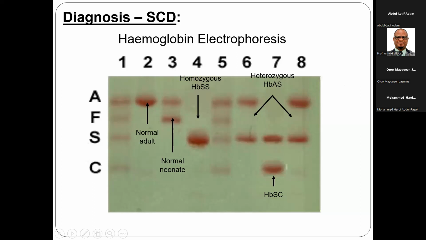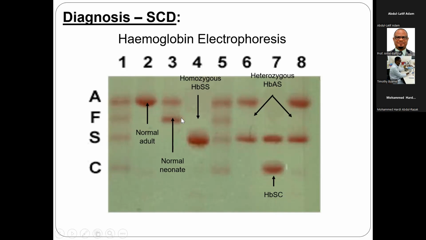Will it be correct to say, in the case of neonates who have hemoglobin F, from this diagram, that the 3 is a normal neonate F? Is it also appropriate to say that it's hemoglobin FF?